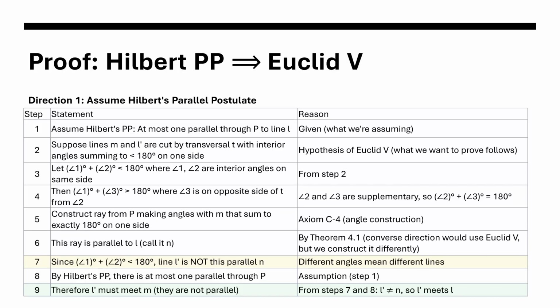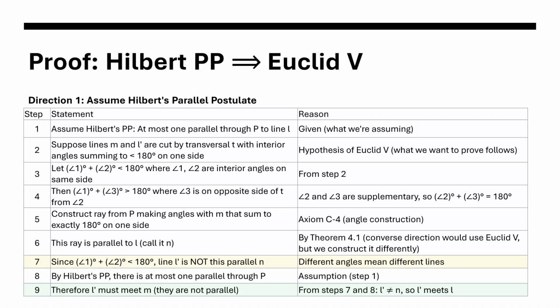Step two: suppose lines M and L prime are cut by transversal T with interior angles summing to less than 180 degrees on one side. This is the hypothesis of Euclid's fifth. Let angle 1 plus angle 2 be less than 180 degrees, where angle 1 and angle 2 are interior angles on the same side.